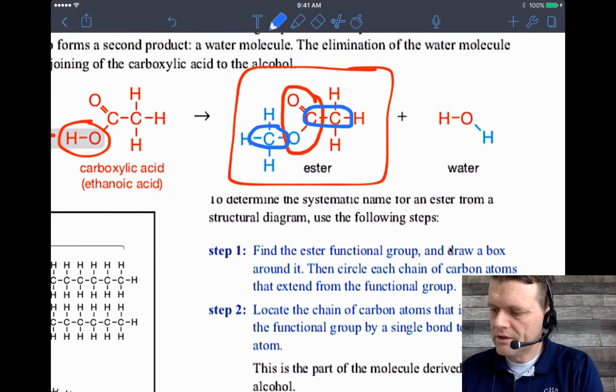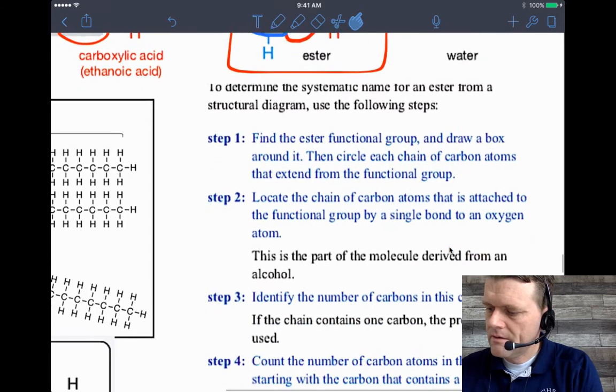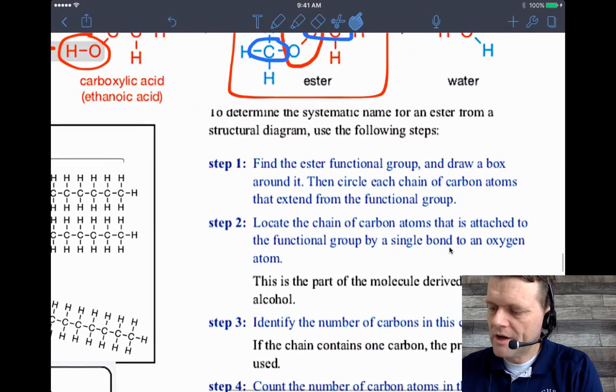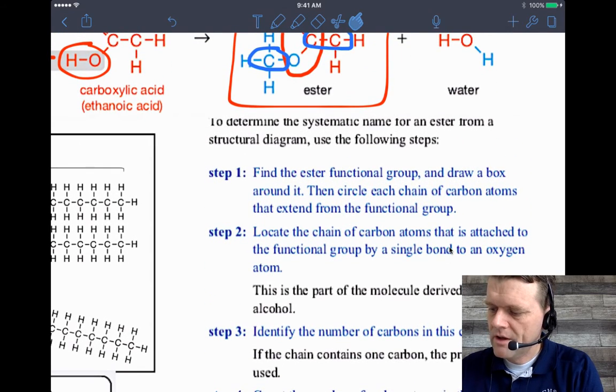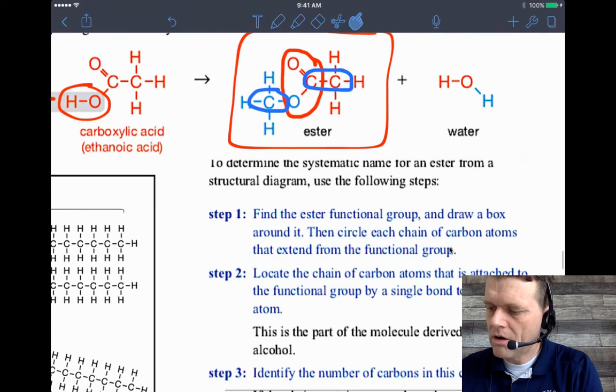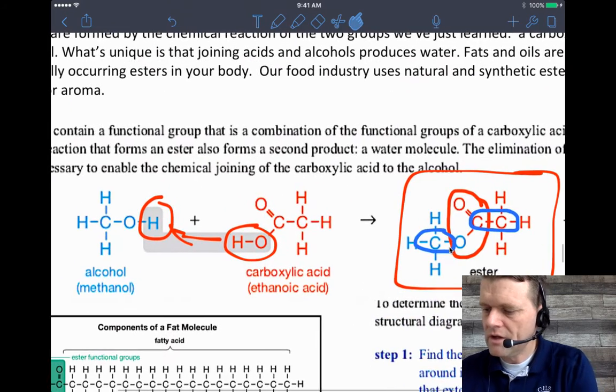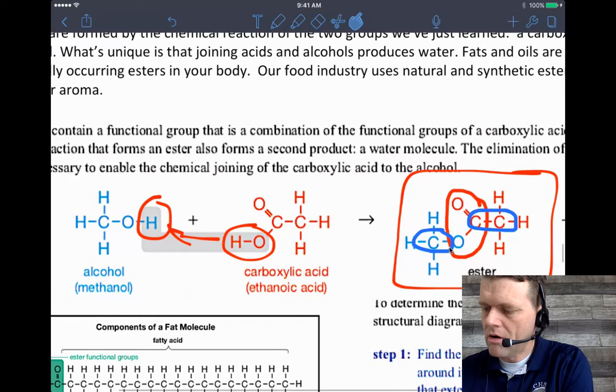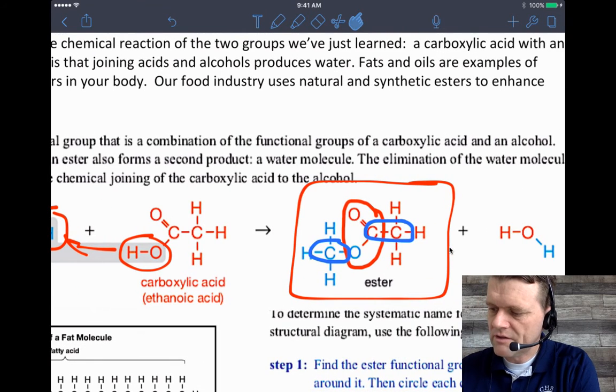And actually, let's just keep going here. Once you've identified those carbons, then we name the alcohol part first. So the alcohol is this first carbon.